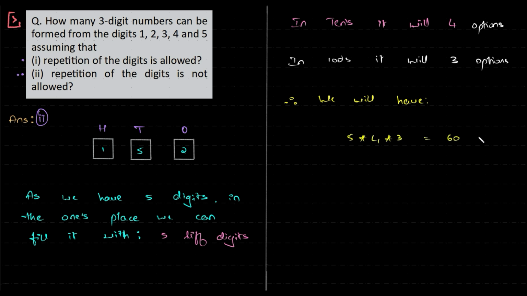That is 60 different possibilities. So basically, this would be our answer.